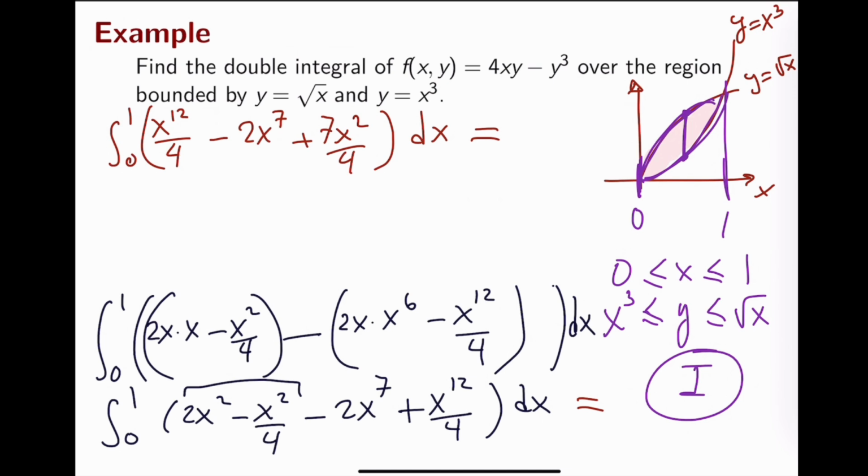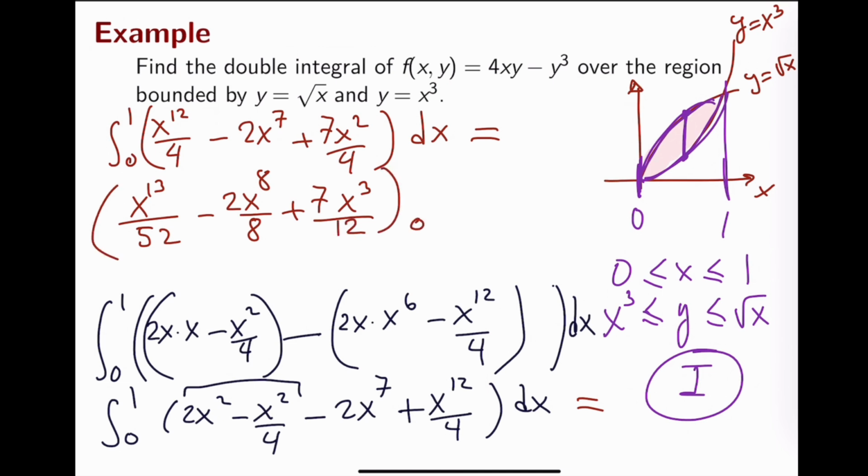The integral of this will be x to the 13th power divided by 13 multiplied by 4, and then minus 2x to the 8th divided by 8, and so plus 7x cubed over 3 times 4, which is 12. And this is going to be evaluated between 0 and 1.